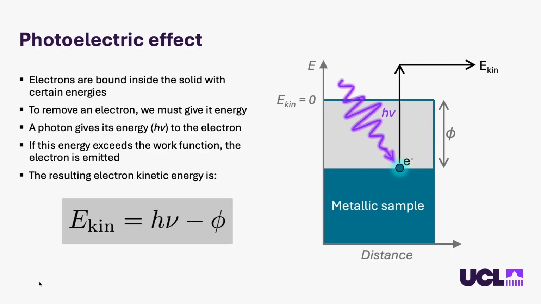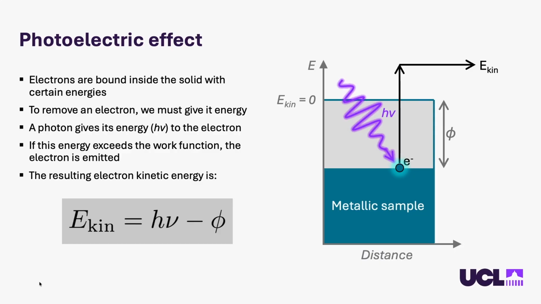The energy levels go all the way to the top, but you only have a certain number of electrons in the metal. Those electrons fill up to a certain level, and then it stops. The diagram shows energy on the y-axis and distance on the x-axis. This would be the surface of the metal.